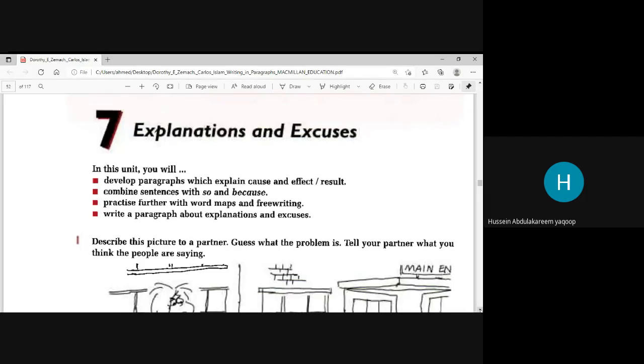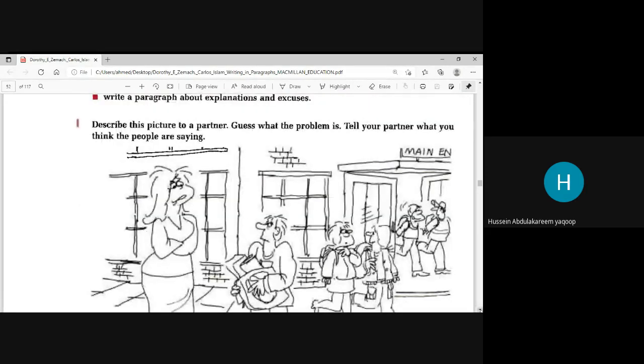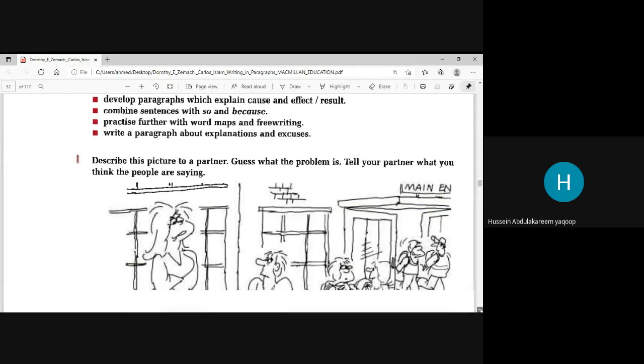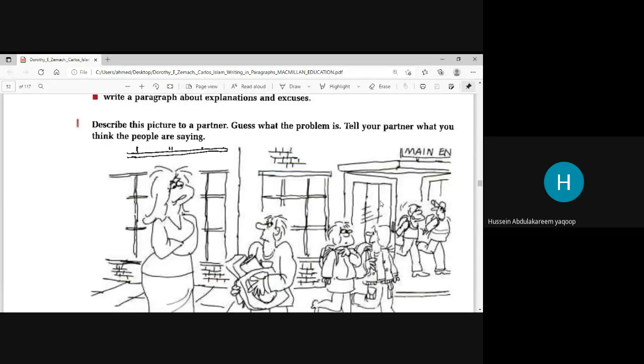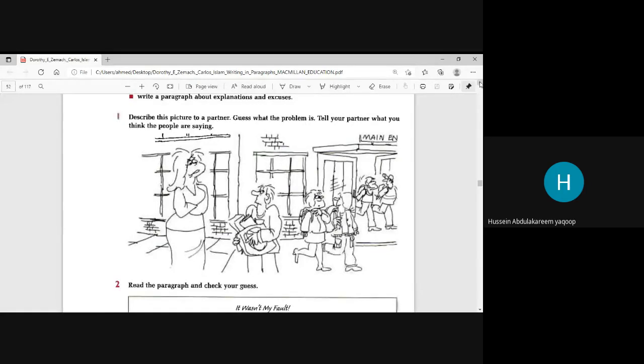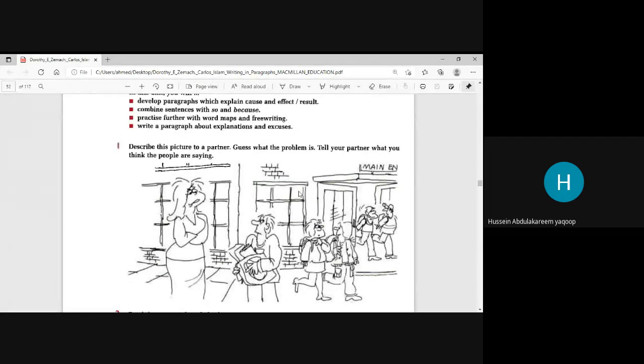Now you see here we have a cartoon, and it seems there's a problem. So I want you to tell me, what do you know about this problem, or what do you expect in this problem? The points that are not mentioned in the paragraph. Things that may not be in the paragraph at the bottom of the page.